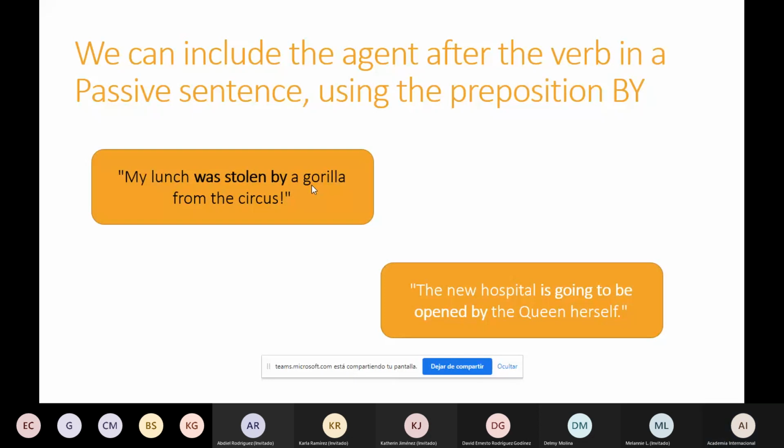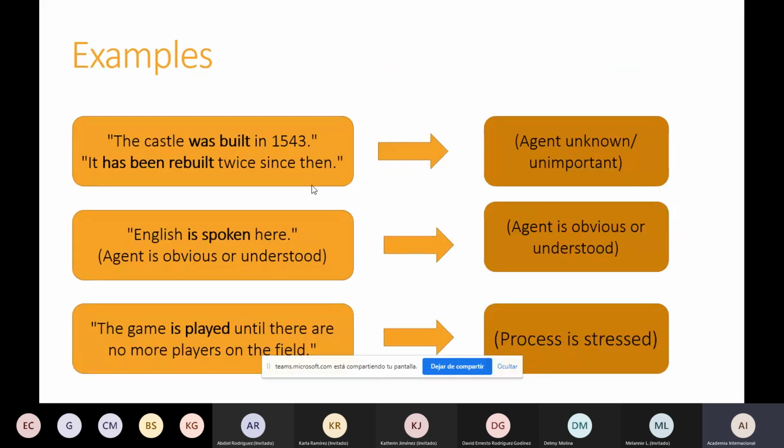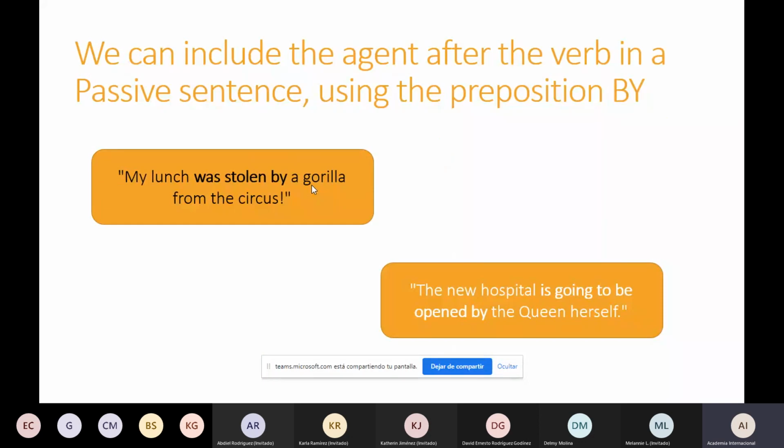¿Ya? Y les decía que se puede mencionar de ambas formas. En esta es porque no es tan trascendental o menos importante mencionar quién construyó o quién habla, por ejemplo, o quién juega el juego acá. Entonces, si no es necesario mencionarlo, ok, está bien, no hay problema. Si lo queremos mencionar, ya acá pues ya no decimos for, y por eso es importante saber esa estructura, porque nosotros conocemos el por en el inglés como for, y no es así.